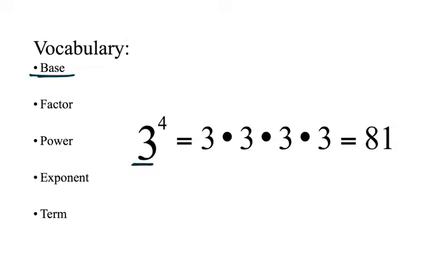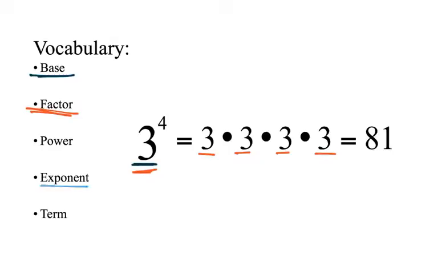The base is the number that's being multiplied, so the 3. Factor is also the base, and it's the thing that's being multiplied over and over. So the factor in this problem is 3.